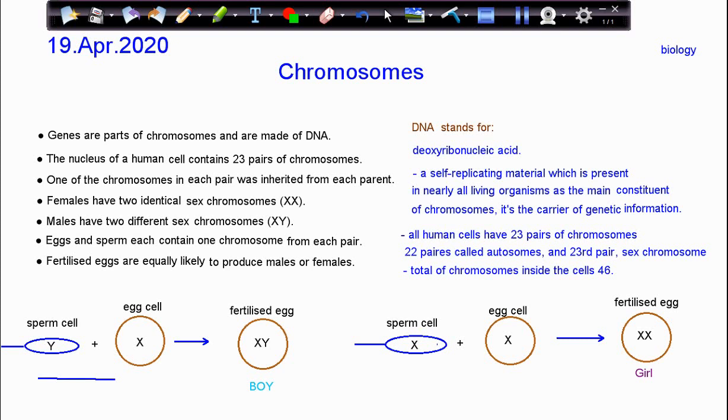As I said, if the sperm cell contains Y, fertilizing an egg with X, the possibility is a boy, which is XY or YX. If the sperm with X chromosome fertilized an X egg cell, the possibility will be a girl, which is XX.